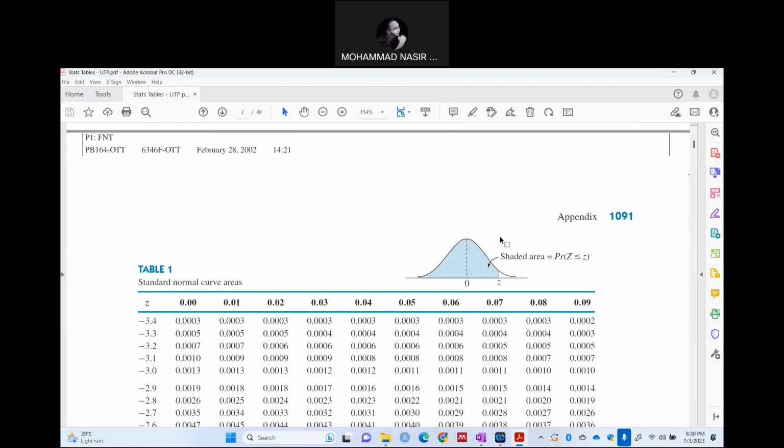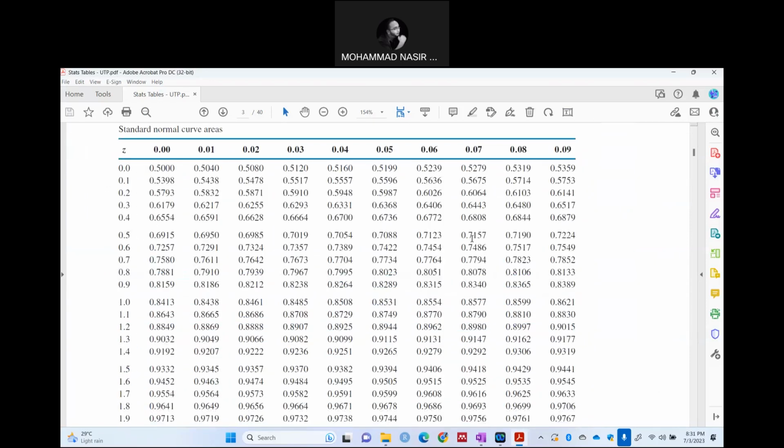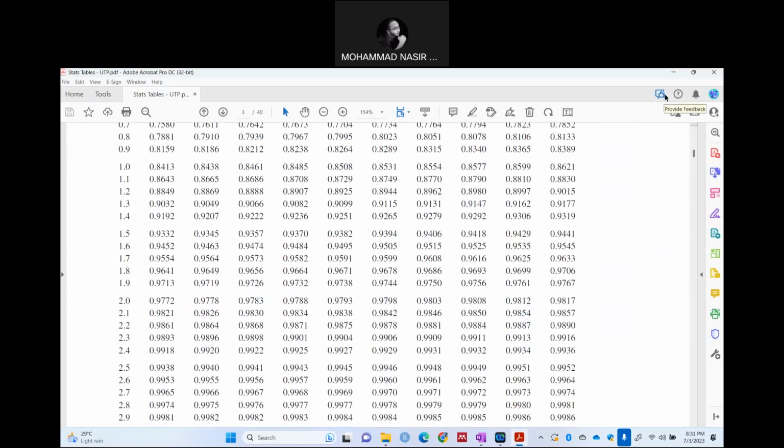Statistical table. So your statistical table reads the data to the left hand side, right? So Z 0.005 is to the right hand side, so we need to minus by 1. So 1 minus 0.005 should be equal to how much? 0.995, right?